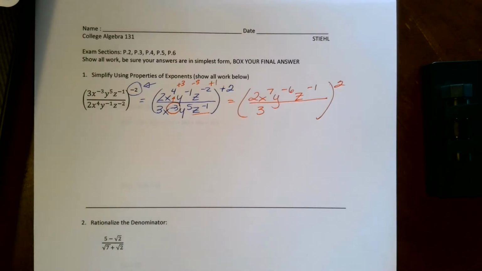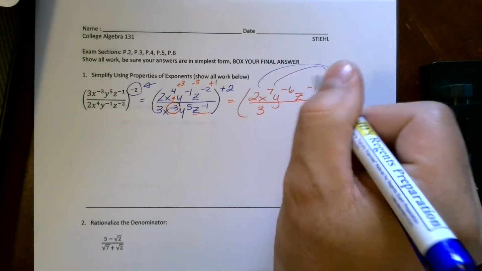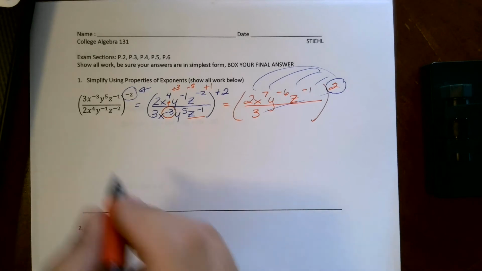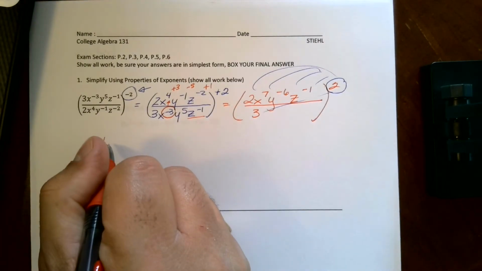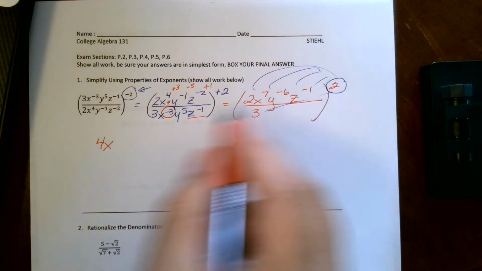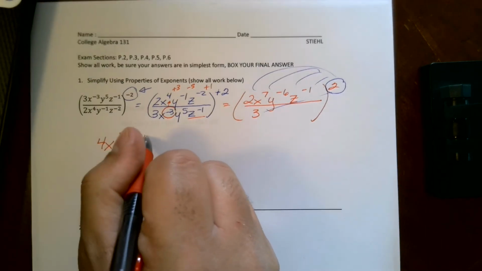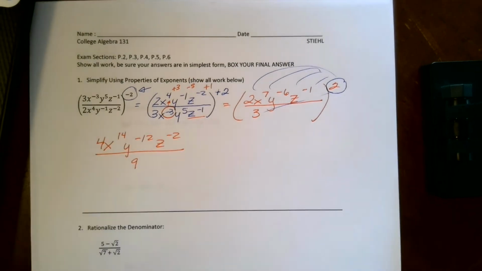Now I can take my exponent on the outside and multiply it to the exponents on the inside. So it looks like I'm going to have 2 squared, which is 4, x to the 14th, y to the negative 12, z to the negative 2, all over 9.